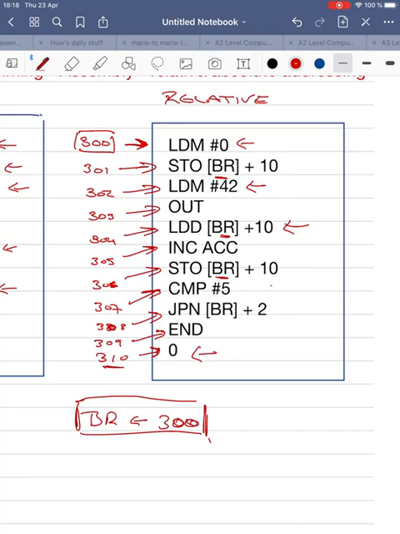So again, we're storing the value 1 in the location 310, and then we compare with the number 5 whatever's in the accumulator, which is currently 1, and we jump, if negative, to the base register plus 2, that is base register 300 plus 2, which is back to the beginning of the loop.